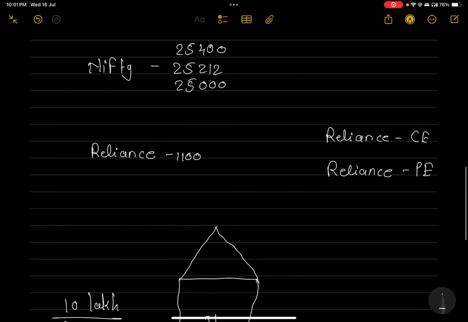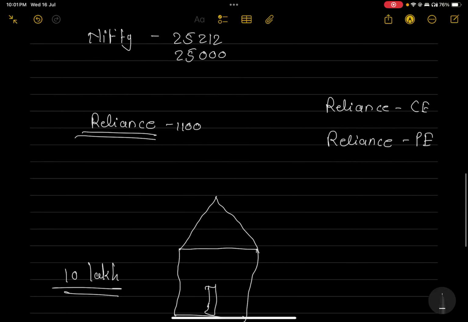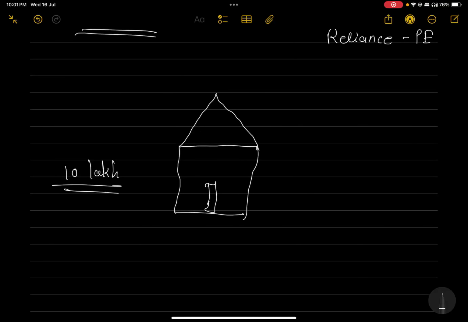Similarly, this is an underlying asset. When you are in the stock market and purchasing any underlying asset, it is up to you. You can keep it as long as you want. Now coming to the derivative part. Now I am the tenant. I want to stay in this home on rent.